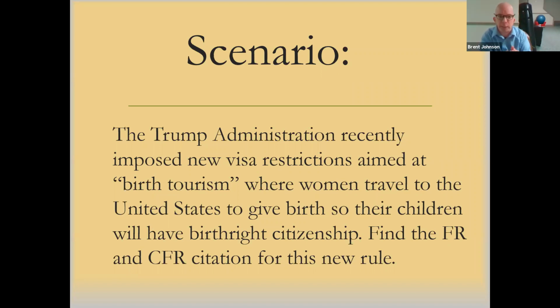They were traveling to the United States to give birth to their children so that the children would have automatic birthright citizenship and become automatic US citizens. So the Trump administration wanted to close this loophole and do away with it. So can we find the Federal Register or the CFR citation for this new rule?